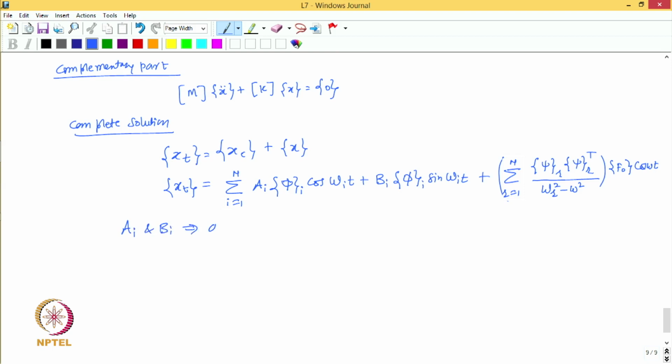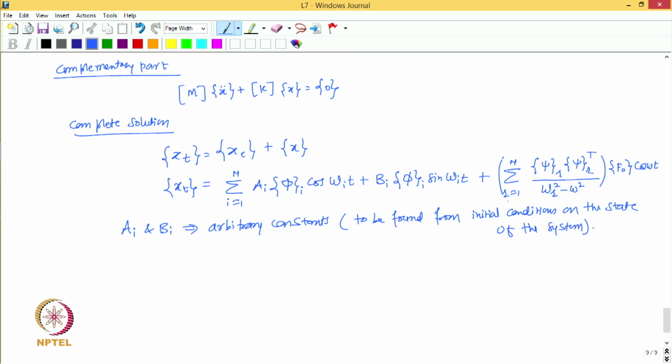So, this is nothing but the complete solution, and in this solution A i and B i are arbitrary constants, and they are to be found from initial conditions on the state of the system. Okay.